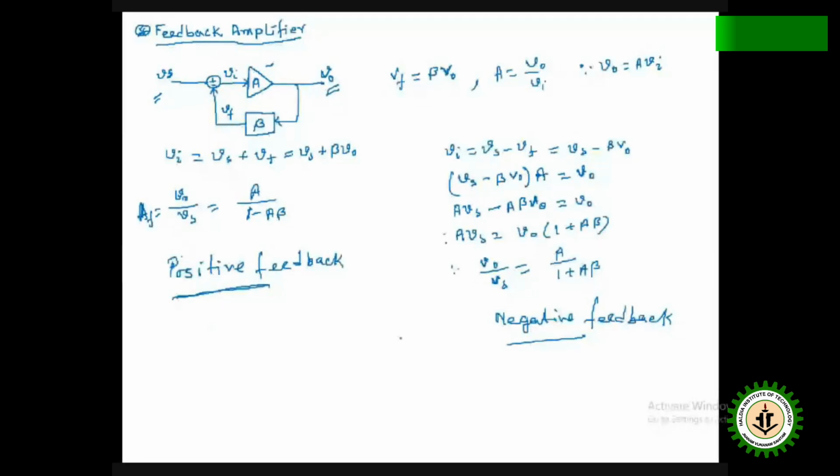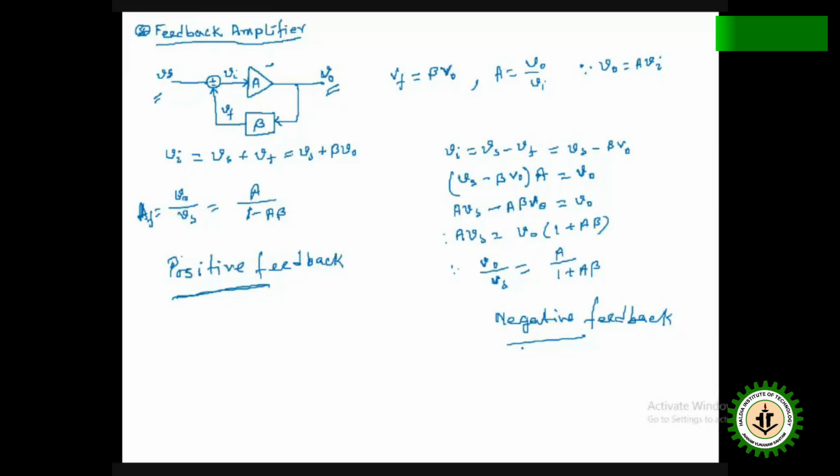So negative feedback: a negative feedback amplifier is an electronic amplifier that subtracts a fraction of its output from its input, so that negative feedback opposes the original signal.